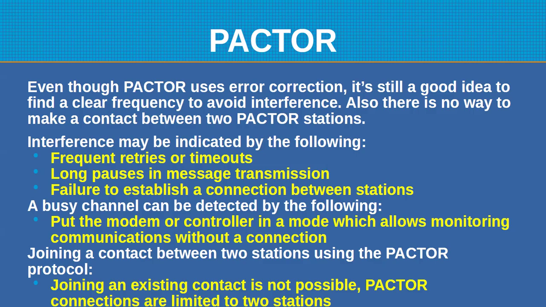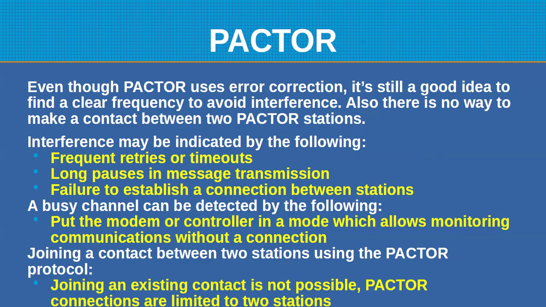I think on this next one, you can actually get a mode where you can monitor whether there's communications going. You can't necessarily decode them, but you can tell whether there's a connection in progress, so you know that it's busy. If it's busy, there's no sense in trying to make a connection because it's not going to happen.